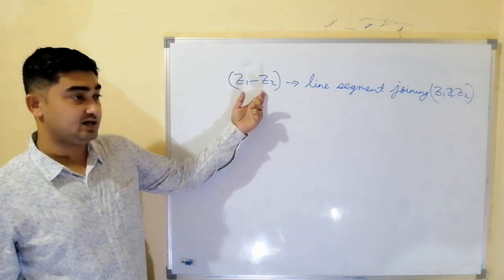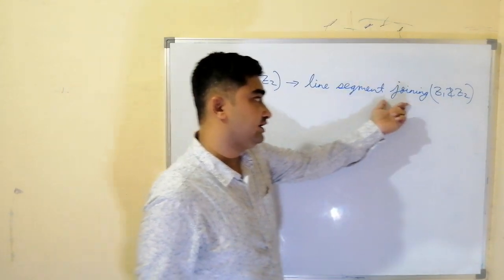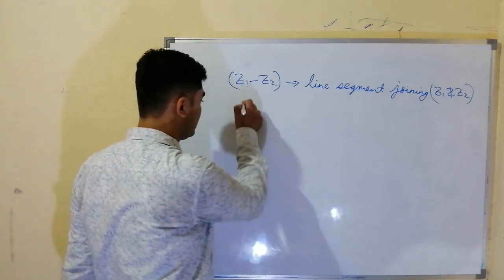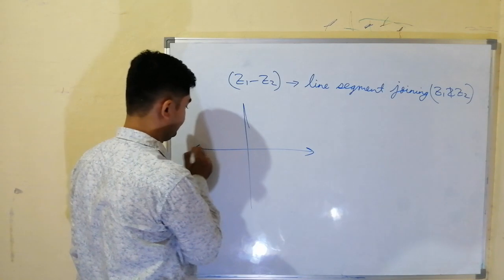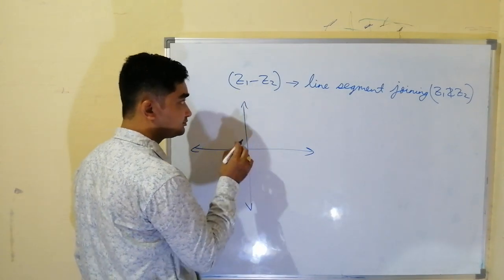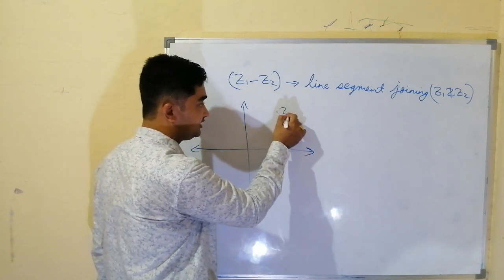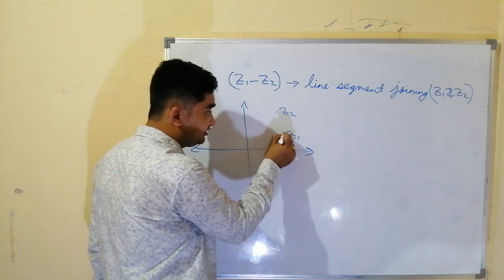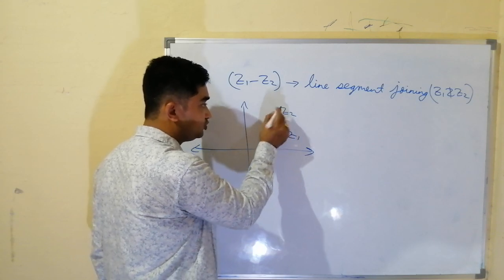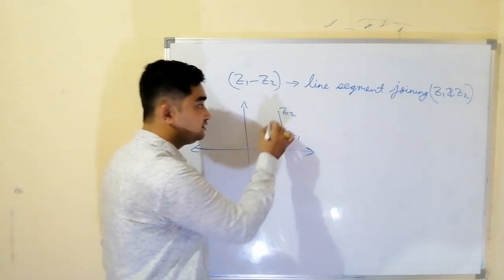Z1 is a complex number, Z2 is a complex number. Z1 minus Z2 means the line segment joining Z1 and Z2. So let us plot it in the Argand plane. Let us say this is Z1 and this is Z2. Then a line joining Z1 with Z2 is the Z1 minus Z2.